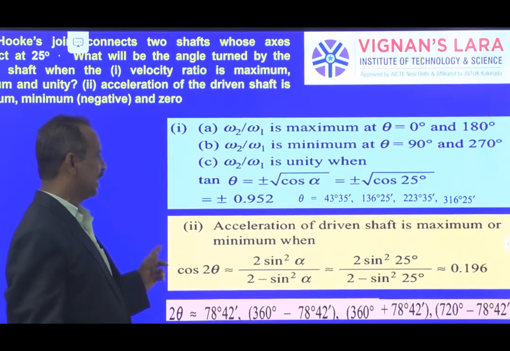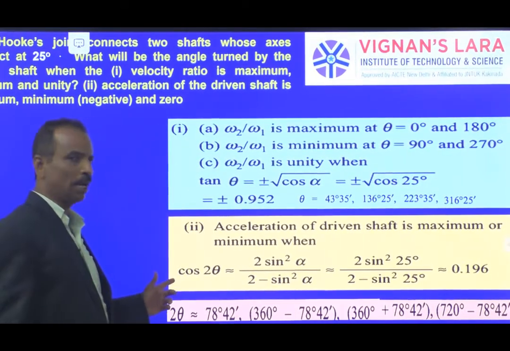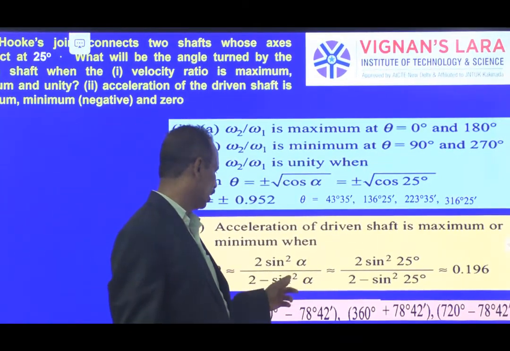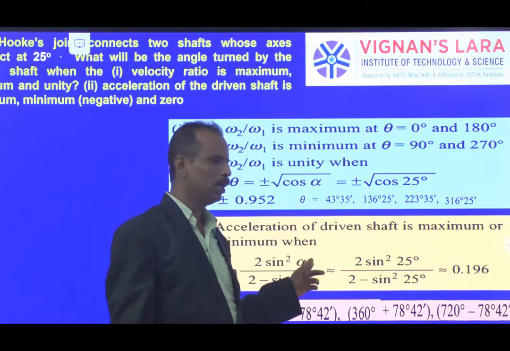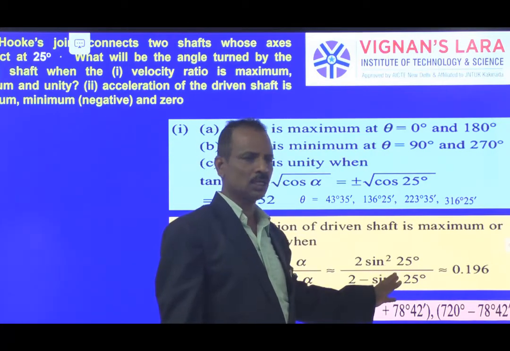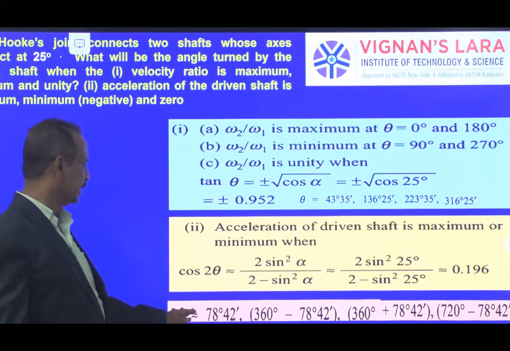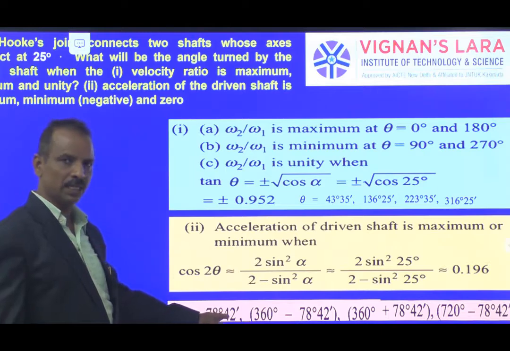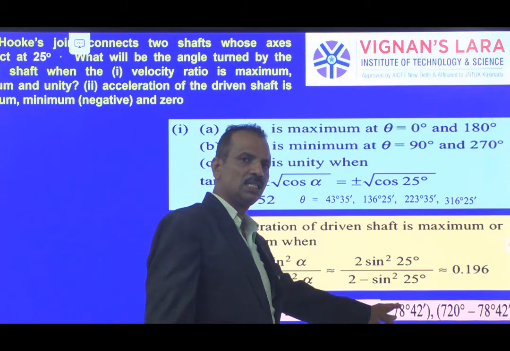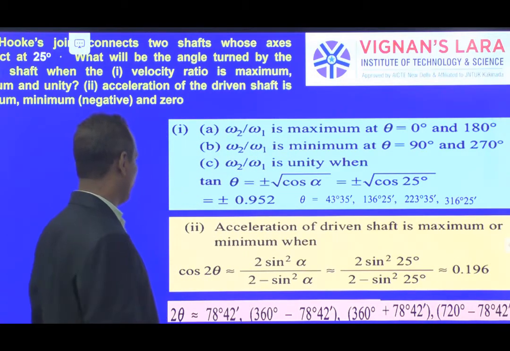Here the acceleration of the driven shaft, maximum or minimum value, is obtained by using the equation cos 2 theta is equal to sin square alpha by 2 minus sin square alpha. Alpha value is already known to us. Substitute the alpha value, then you get 2 theta, that is 78 degrees 42 minutes, then 360 minus 78, 360 plus 78 and then 720 minus 78.